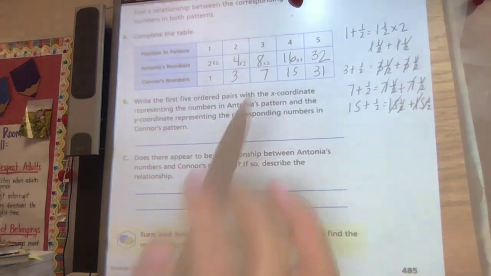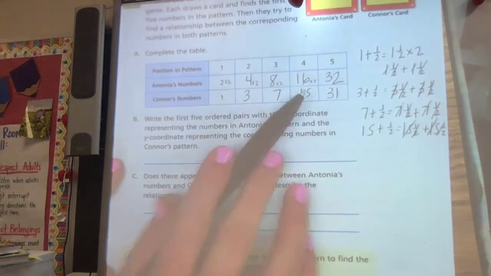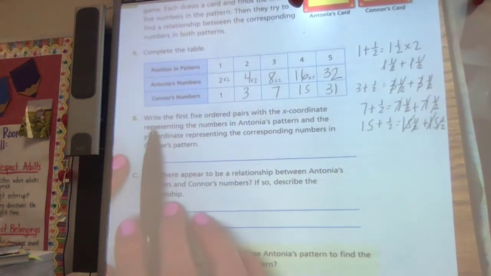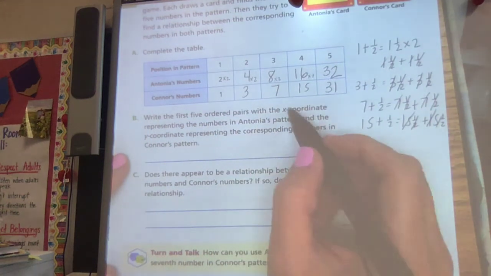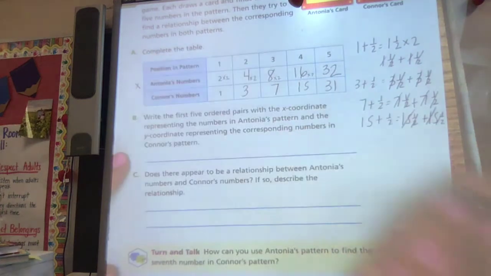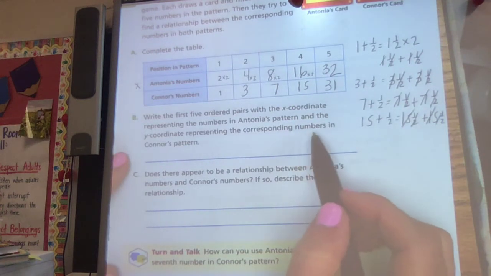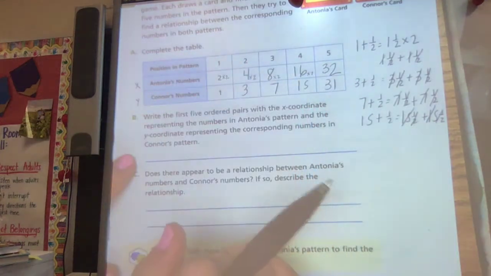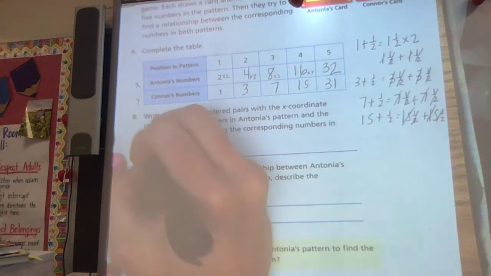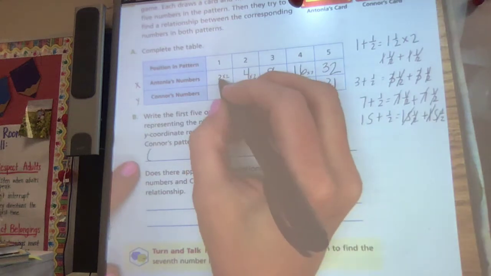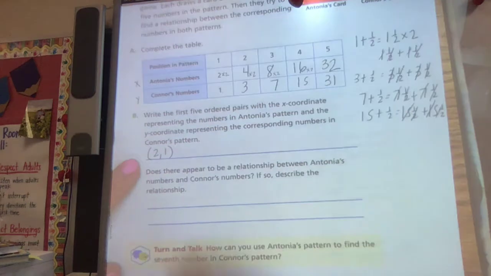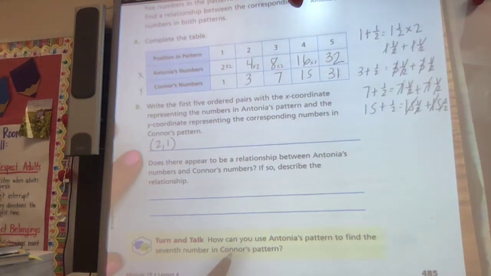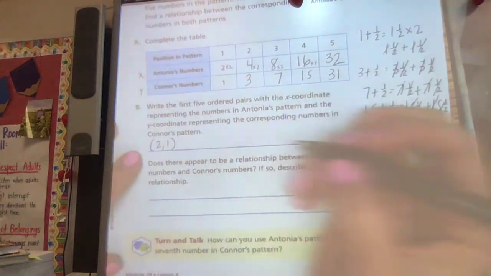So, now that we have filled out our table, B says write the first 5 ordered pairs with the X being Antonia's and the Y being Connor's. So now we're just writing them as ordered pairs, meaning X, Y. So our first one was 2 and his first one is 1. That's all that means that they want you to do is write the ordered pairs.